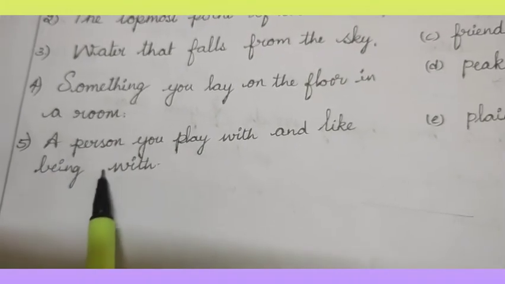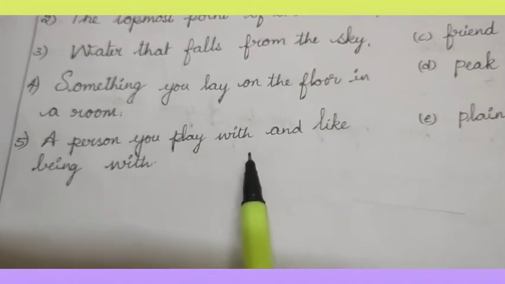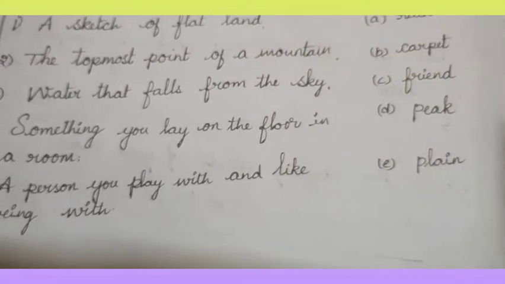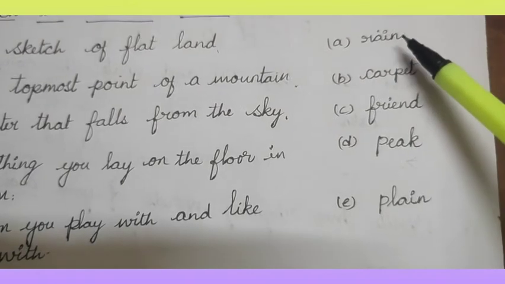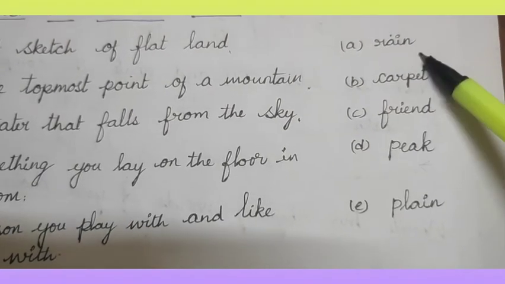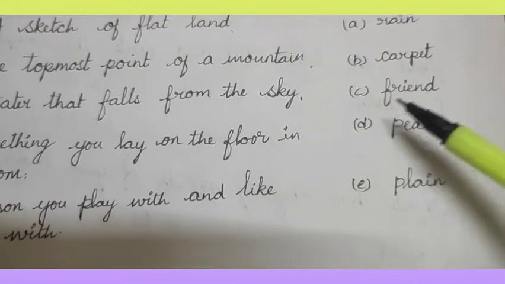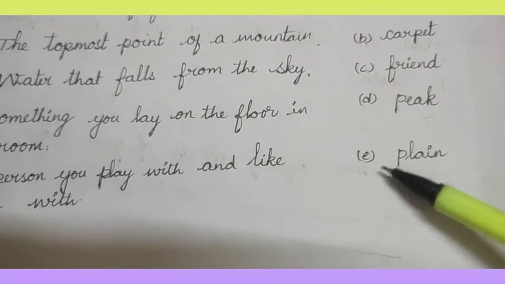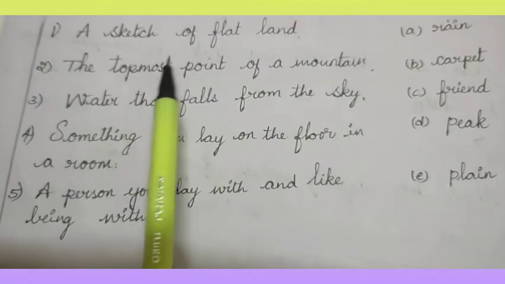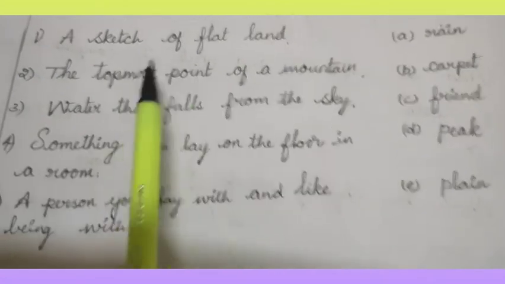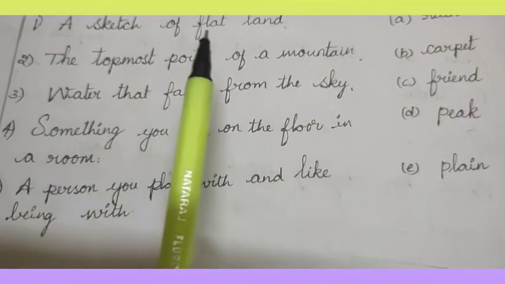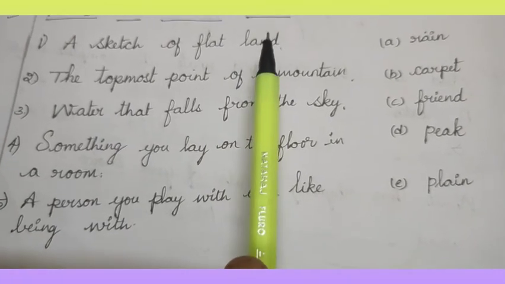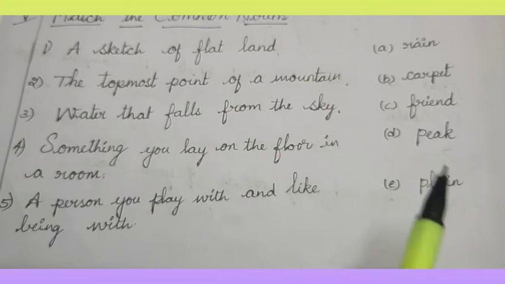Fifth one, a person you play with and like being with, right? For this they have given: A, rain; B, carpet; C, friend; D, peak; E, plane. So these are the sentences they have given. For these sentences, you have to match the common noun that suits each sentence.